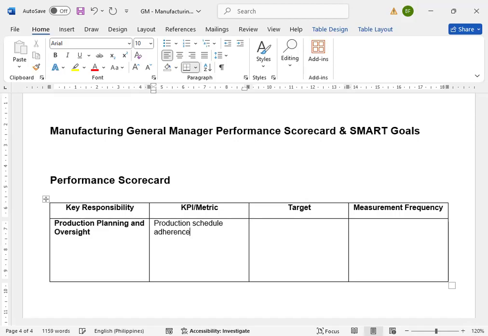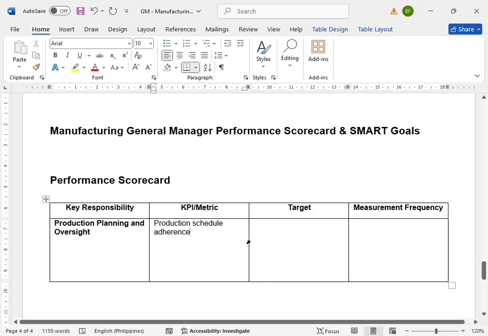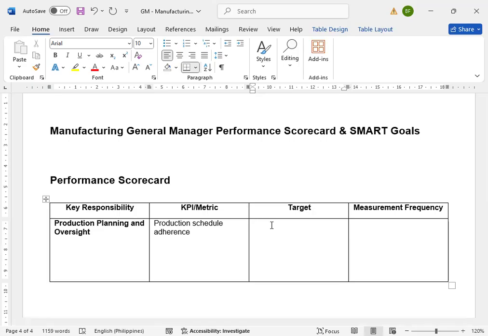Very important for the GM to adhere to the production schedule, as this is sometimes a weakness for other managers in terms of the key responsibility, and some fail on this aspect of the KPI. So it's important that he should be doing this successfully. So the target for this is 98%.